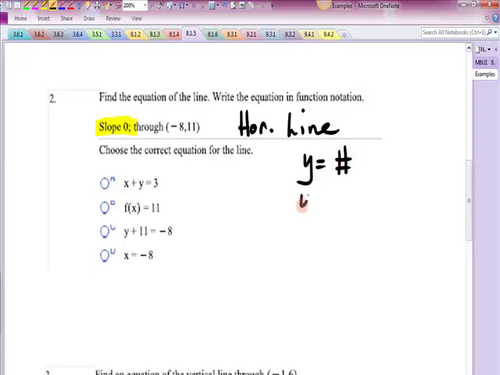All you have to do is grab the y coordinate of the point. It is y equals 11. Since it has said to write this in function notation, instead of y, you'll see f of x equals 11, and it is choice B. The x coordinate does not show up anywhere in the equation.